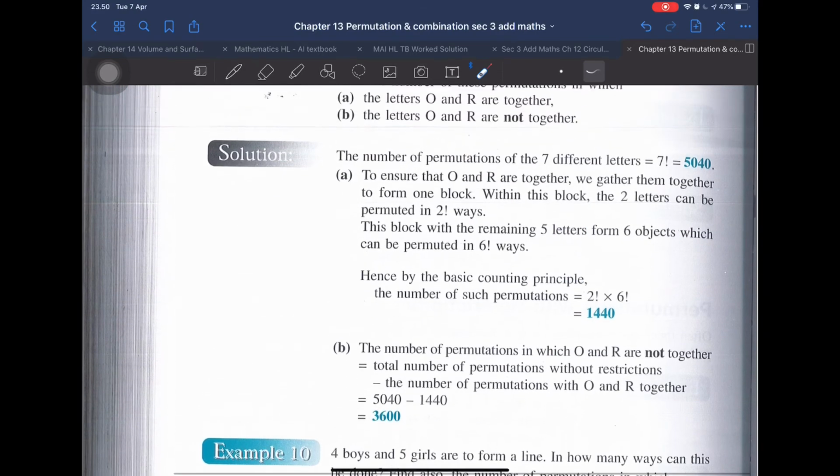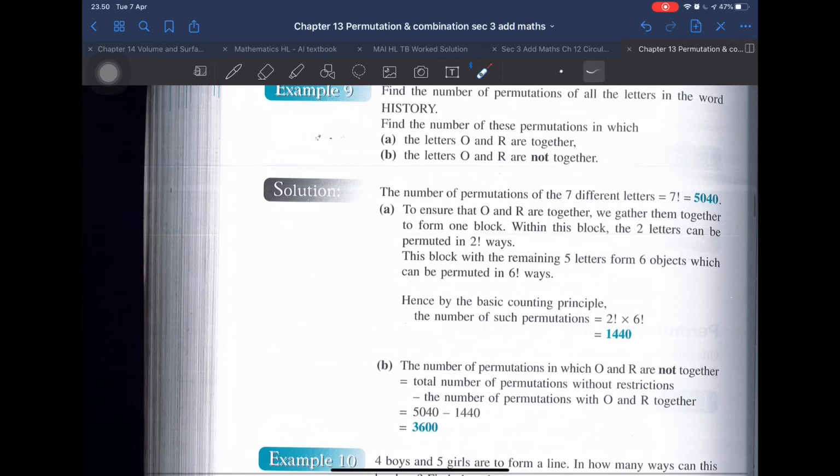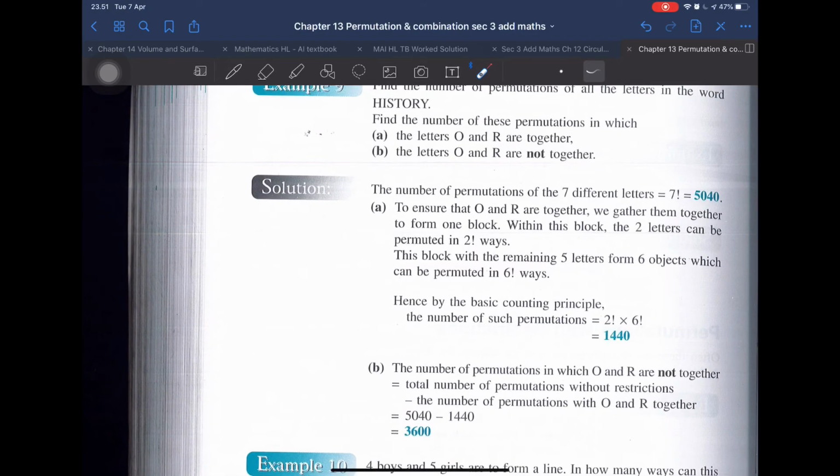Now let's move on. Letters O and R are not together. These are opposite probabilities. The probability of something happening plus the probability of the opposite should give the whole thing. We know the whole thing is 5040.